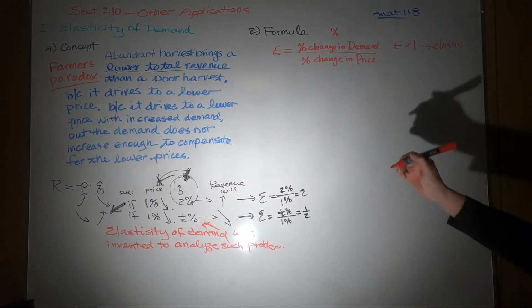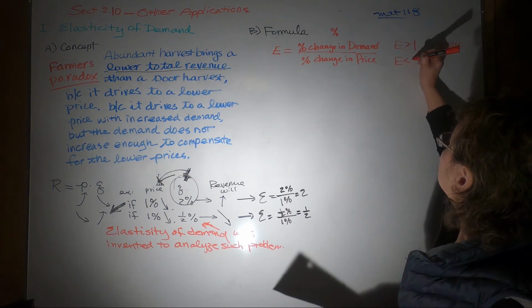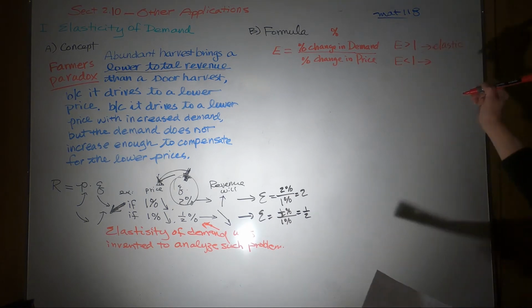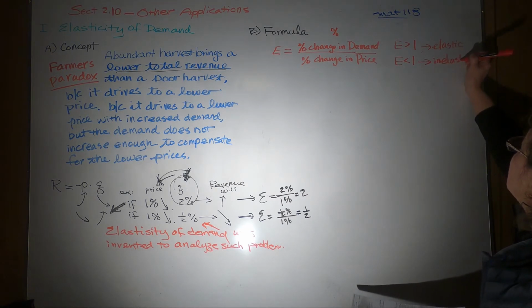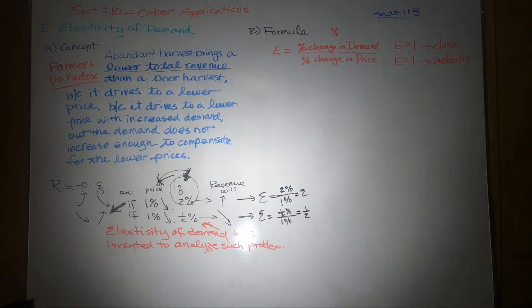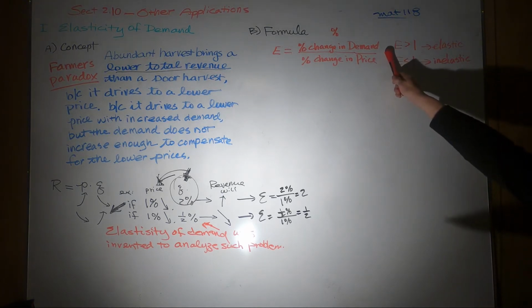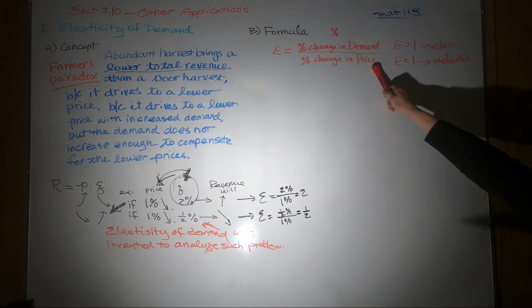All right. So they say, okay, if E is less than 1, it means what? Inelastic. It's less flexible, less responsive. Okay? It means the demand is not reacting to the price well enough, right?